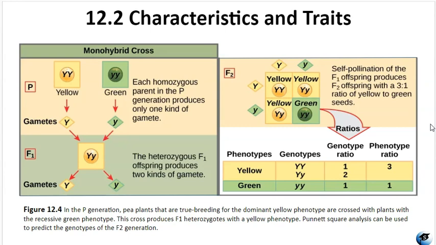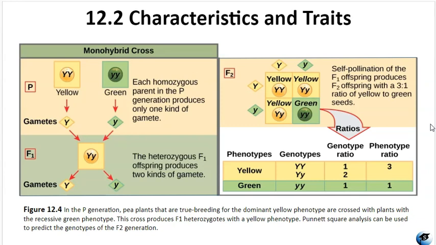The Punnett square lists all possible combinations of parental alleles and shows the resulting diploid genotypes of the zygotes. From the Punnett square, genotypic and phenotypic ratios can be determined. For a monohybrid cross with true breeding parents, there's only one possible genotype, which is uppercase Y, lowercase y, resulting in all offspring having yellow seeds.